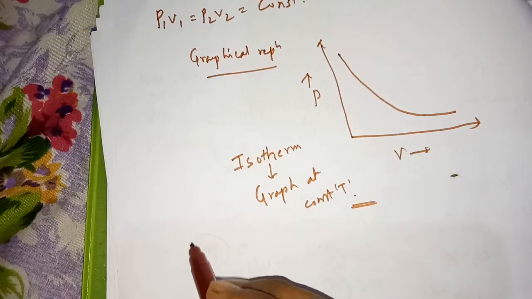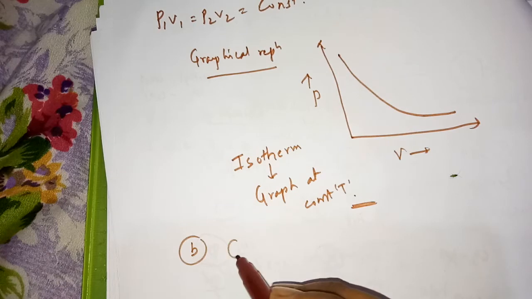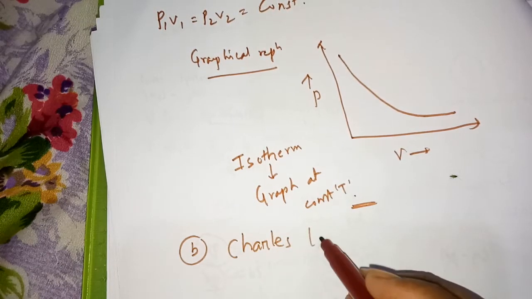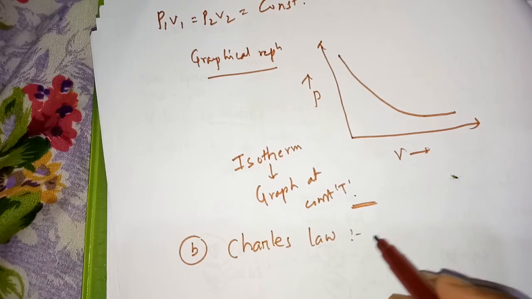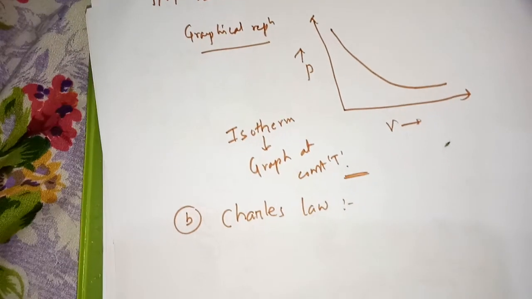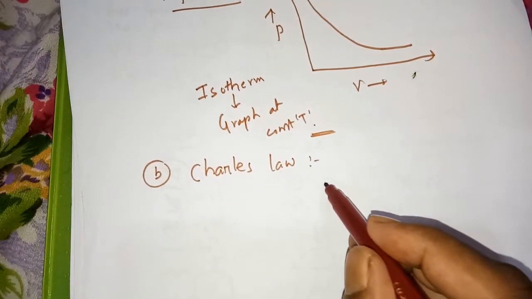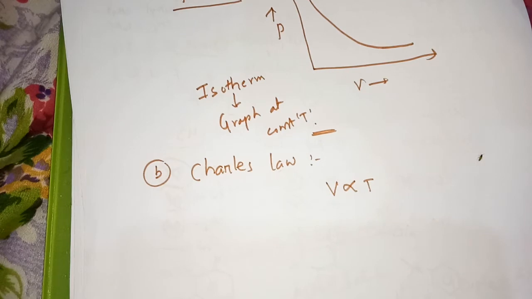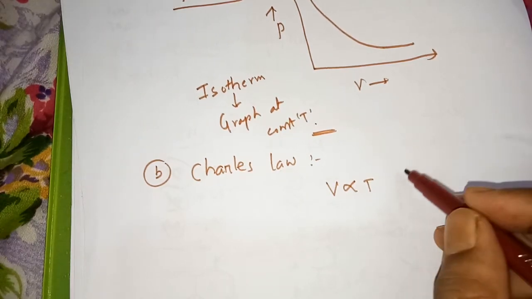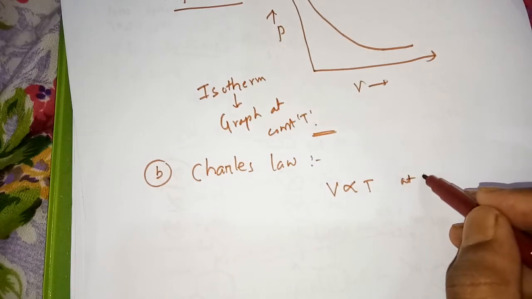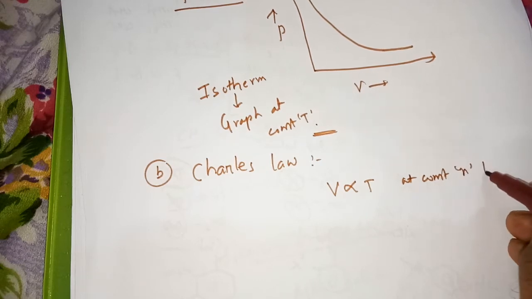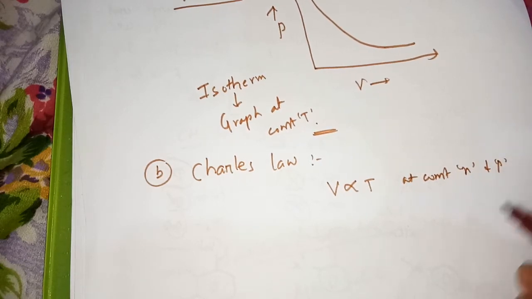Next is your Charles law. In Charles law, volume is directly proportional to temperature at constant number of moles and pressure.